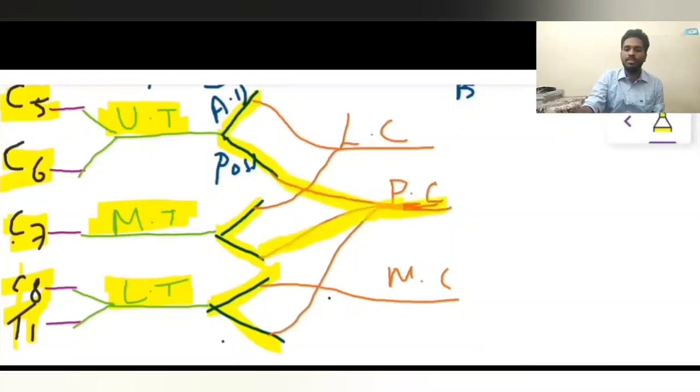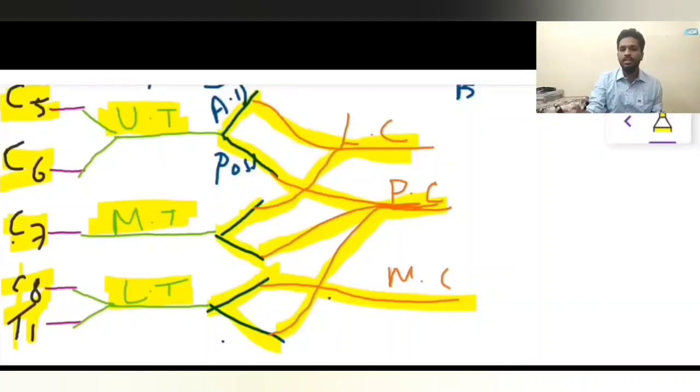All the posterior divisions combined to form the posterior cord, and the anterior division of the lower trunk continues to form the medial cord.